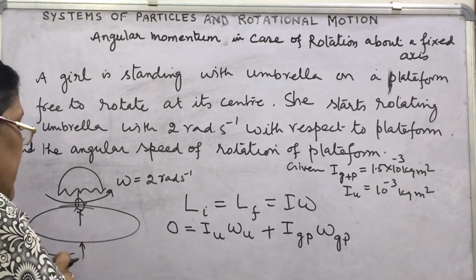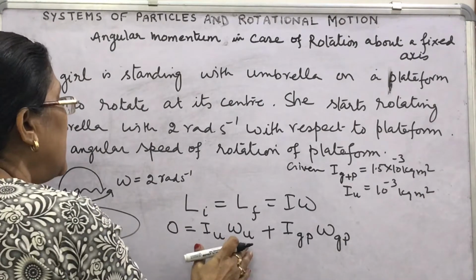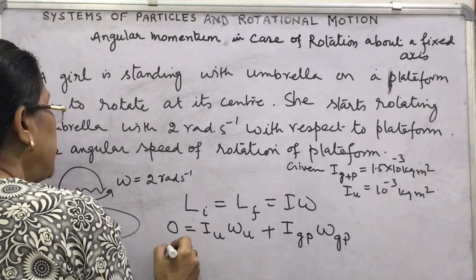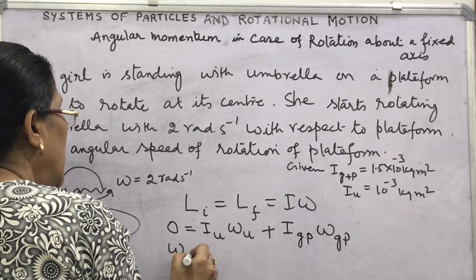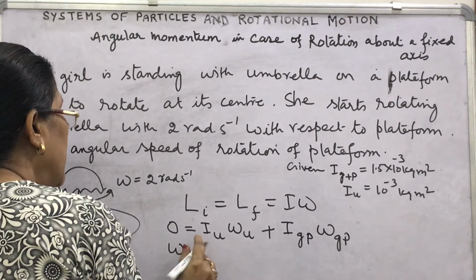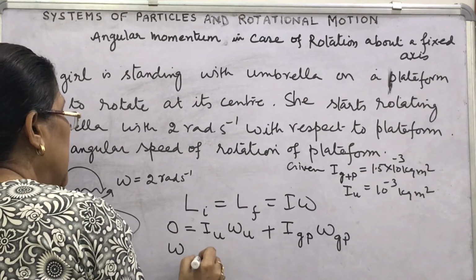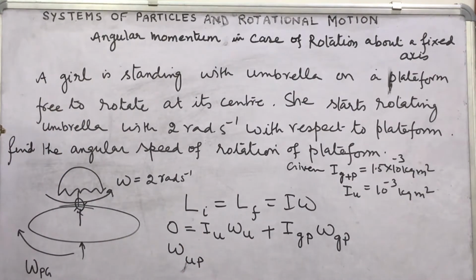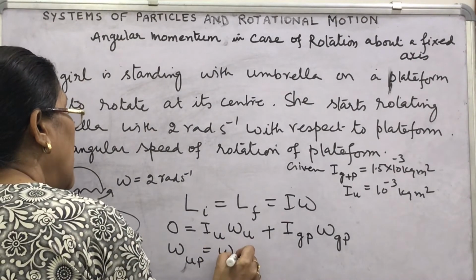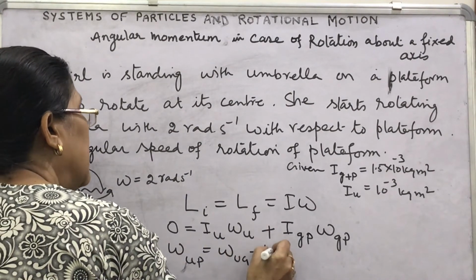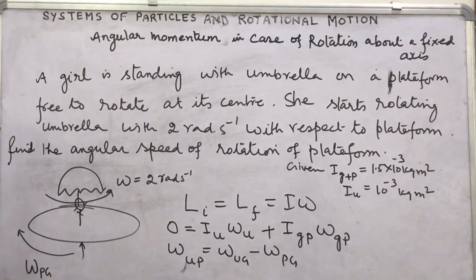And we have to find this angular speed with respect to ground. Then what can you write here? This umbrella is rotating with respect to the platform. It can be written as angular speed of umbrella with respect to ground minus angular speed of platform with respect to ground.